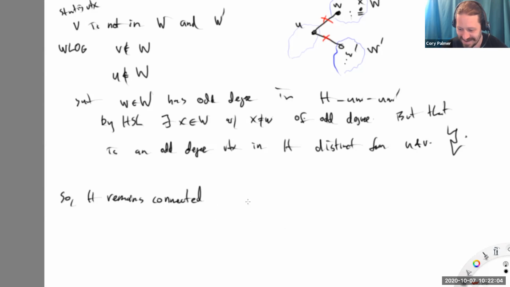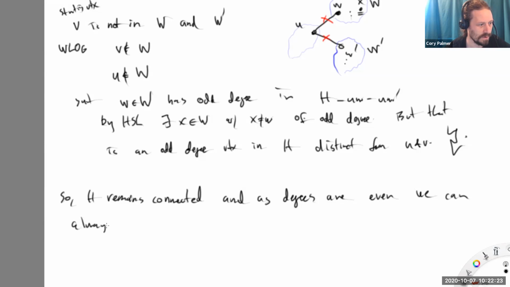So H remains connected, and as degrees are even initially, so we started with all the degrees even, we can always leave a vertex we visited, right?